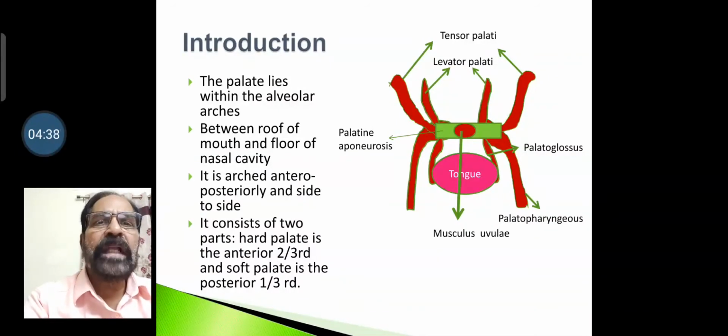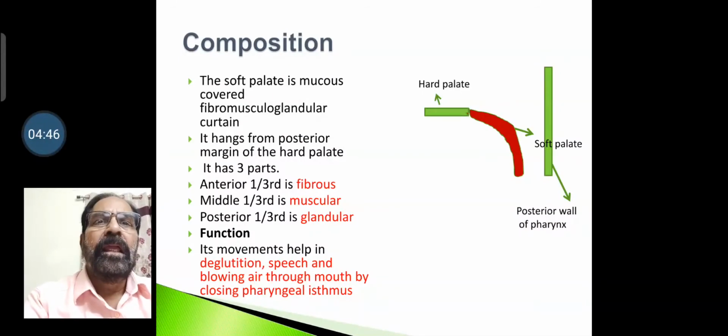It consists of two parts. Hard palate is the anterior two-thirds and soft palate is the posterior one-third. Soft palate is a mucus-covered fibromusculoglandular curtain. You can see in the picture.